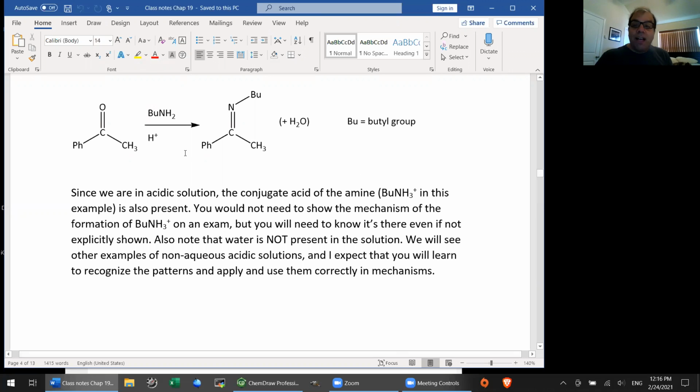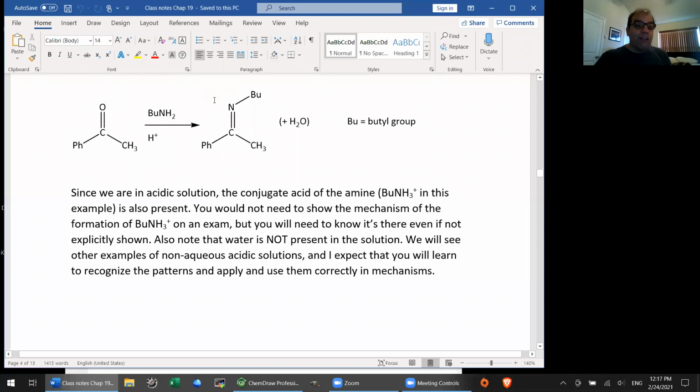In fact, that's what we will use as our proton source rather than H3O+. We can't use H3O+ because we don't have water around, and the way we know is by looking at what we're given. That's the main thing I need to stress here. Always look at what you're given and make sure that anything you draw makes sense in light of that.